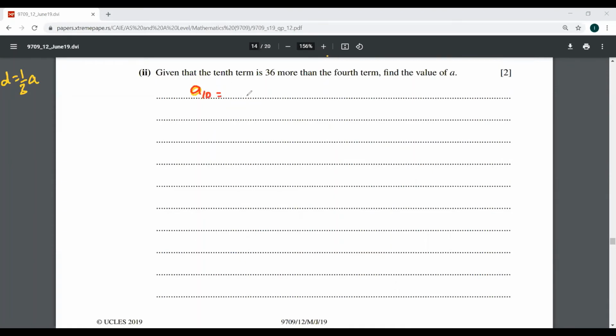A10 is 36 more than the 4th term. Yes, A10 is 36 more than the 4th term. So the 10th term is going to be A plus 9D. And this is 36 plus A plus 3D.